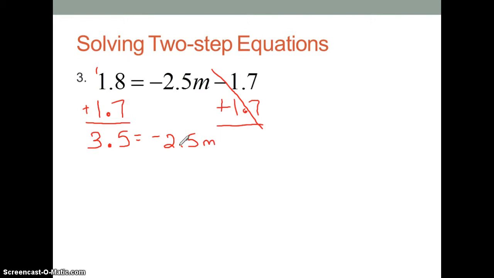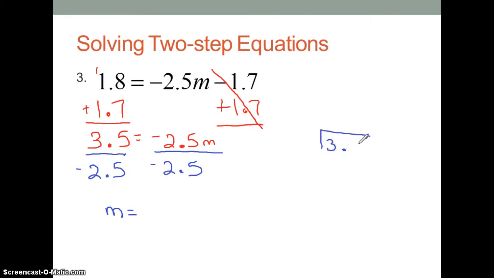So we have now negative 2.5m equals 3.5. And in order to undo negative 2.5, since it's multiplying, you want to divide by negative 2.5 on both sides. So when we do it, top in, bottom out.